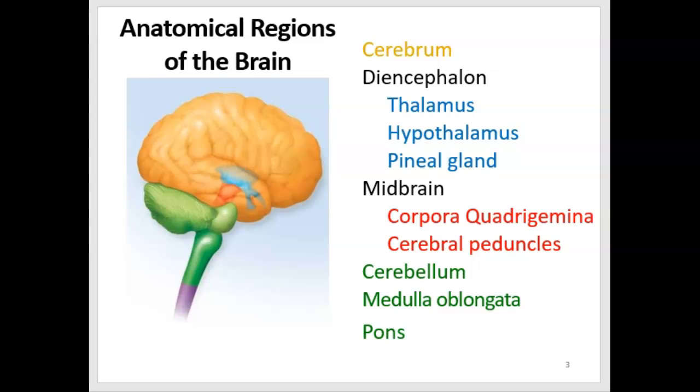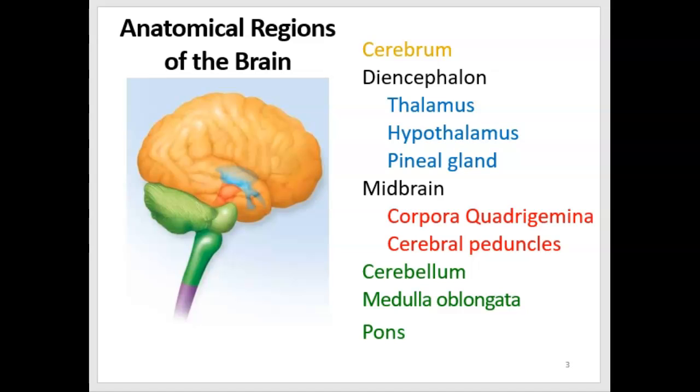So we have already learned about the cerebrum. This particular lecture will cover the other forebrain regions known as the diencephalon collectively. These regions include the thalamus, the hypothalamus, and the pineal gland.